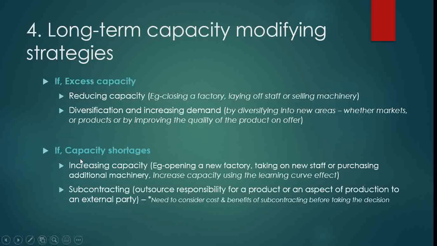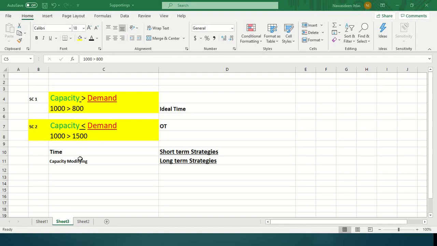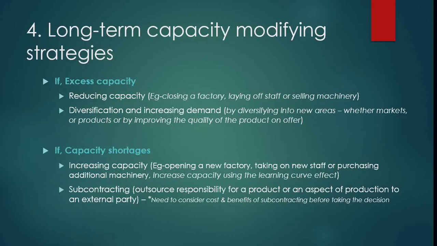The next point is capacity shortages. When capacity is short, which means our demand is high, demand is 1500, capacity is less. So how are we going to meet our excess demand? Here we are not talking about a short term period, we are talking about a permanent demand, which means we want to take some long term decisions, which means we can increase our capacity.